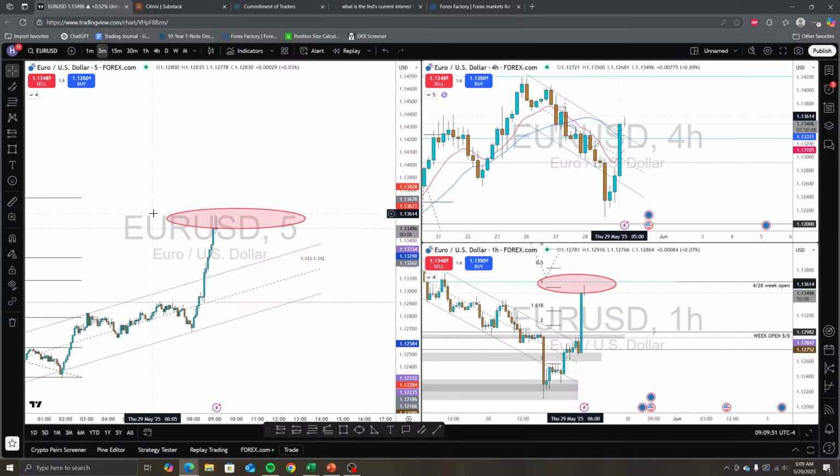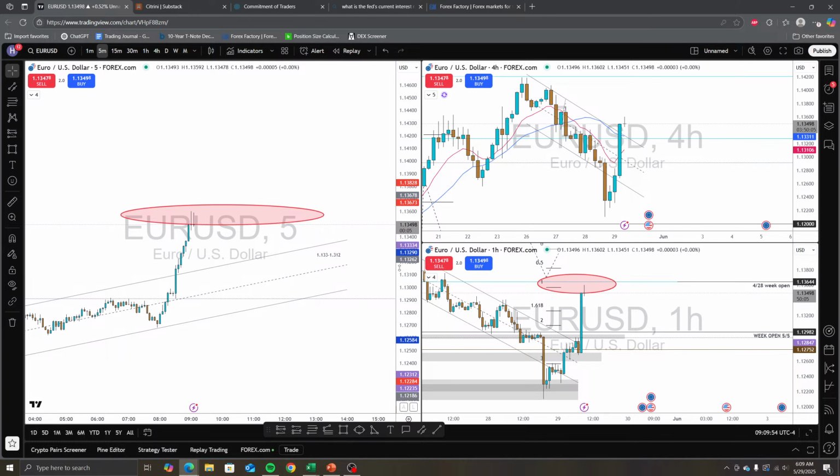You can see price kind of just eating away at it.